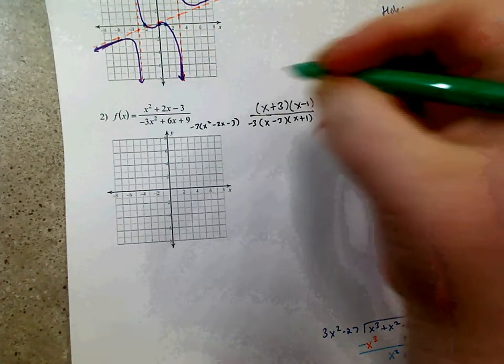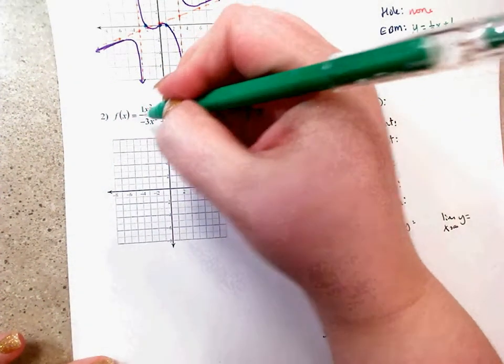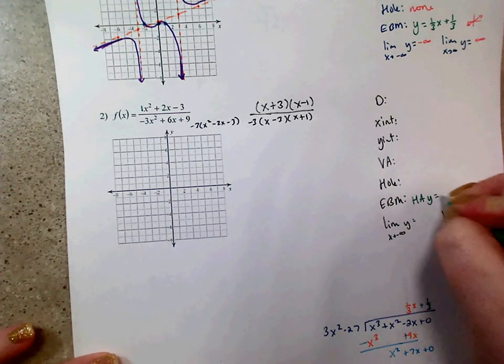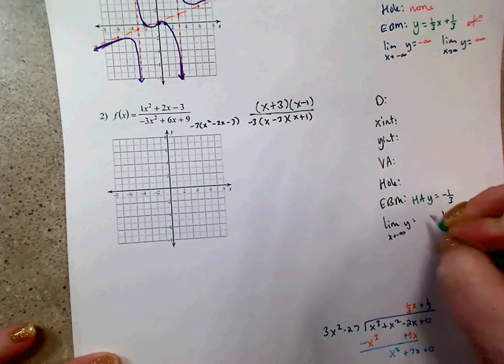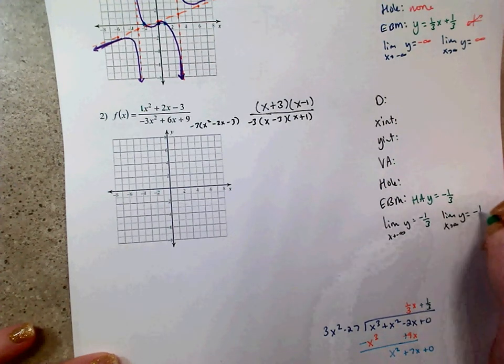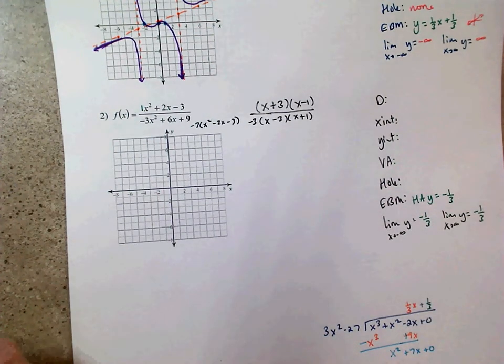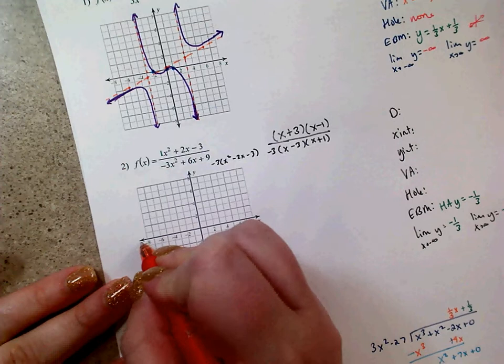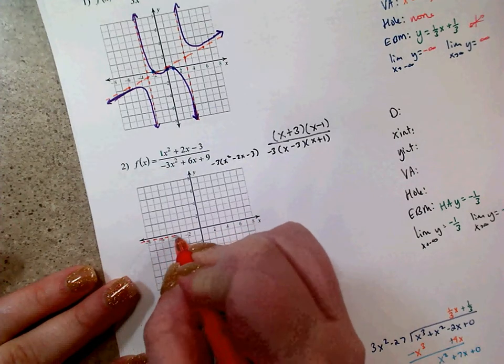So your leading coefficients are 1 and negative 3, which means we have a horizontal asymptote at y equals negative 1/3. So in both cases, the horizontal asymptote is negative 1/3. So I'm going to go ahead and sketch that. So that's just kind of right in line with that, right below the x-axis.